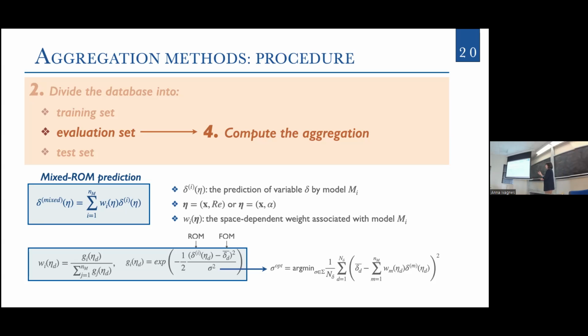Okay, I would like to say that also a parameter that we had to carefully tune was the sigma here. And it is tuned also by solving an optimization problem in order to minimize the difference between our mixed prediction here and the corresponding FOM solution. Okay. So this is the procedure in the evaluation set.